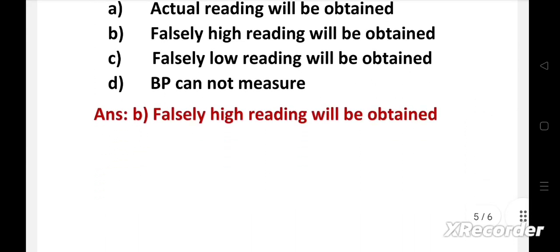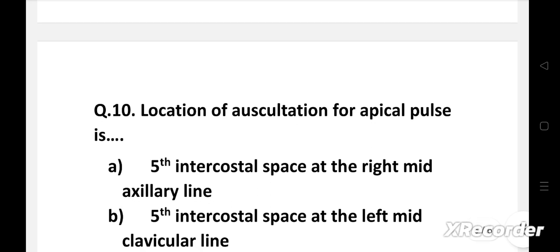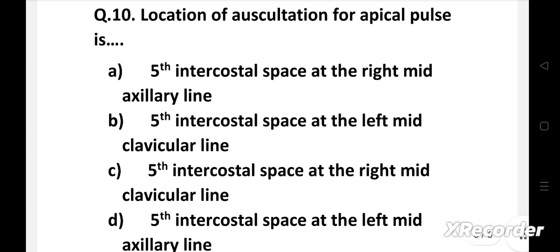Next question. Location of auscultation for apical pulse is: option A, fifth intercostal space at the right mid-axillary line; B, fifth intercostal space at the left mid-clavicular line; C, fifth intercostal space at the right mid-clavicular line; D, fifth intercostal space at the left mid-axillary line.